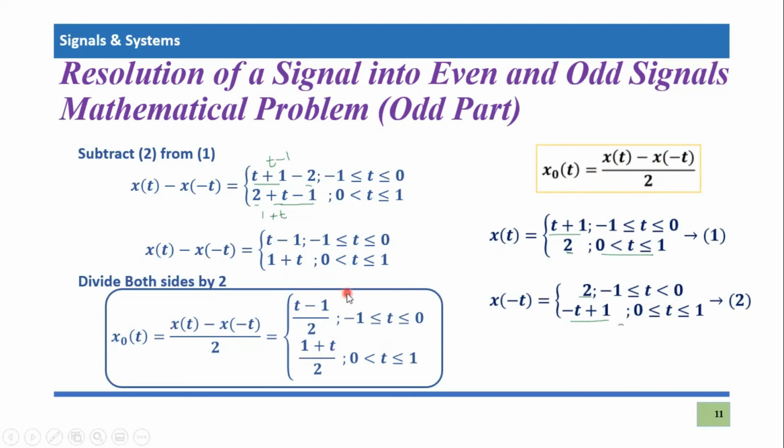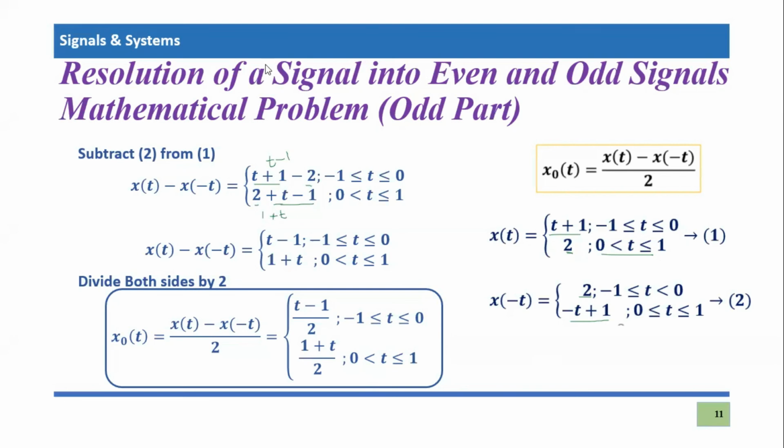So in this way, you can actually calculate the even and odd parts. This is the mathematical equation of the odd part of the signal, right?